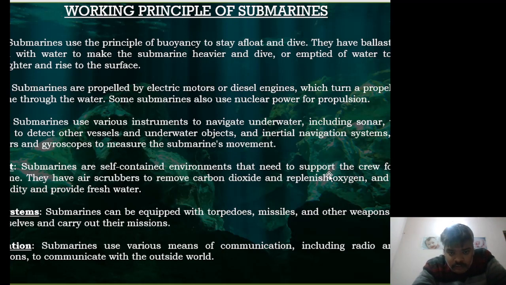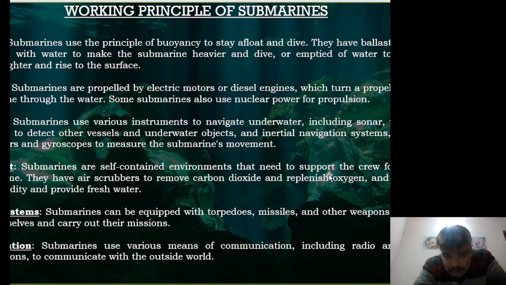Navigation. The submarine uses various instruments to navigate underwater, including sonar, which uses sound waves to detect other vessels and underwater objects, and inertial navigation system, which uses accelerometers and gyroscopes to measure the submarine's movement. Life support. Submarines are self-contained environments that need to support the crew for extended periods of time.